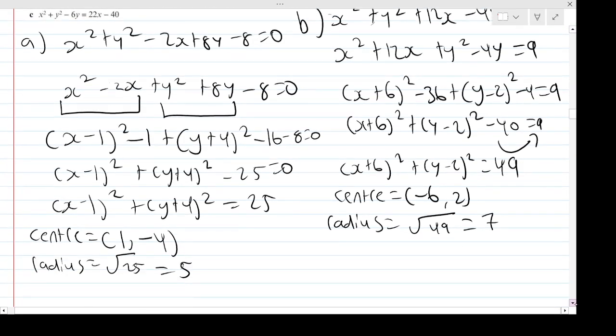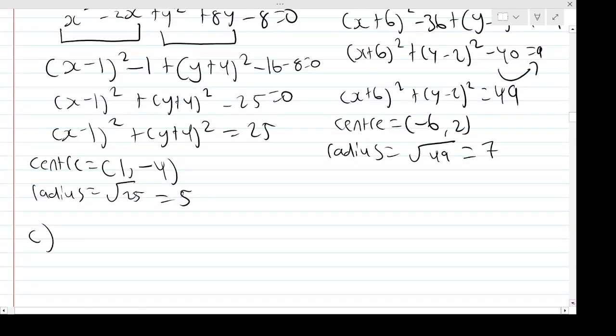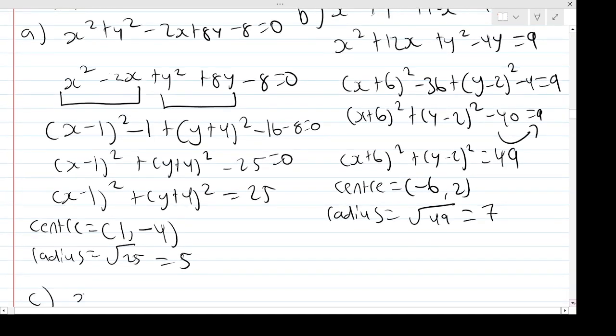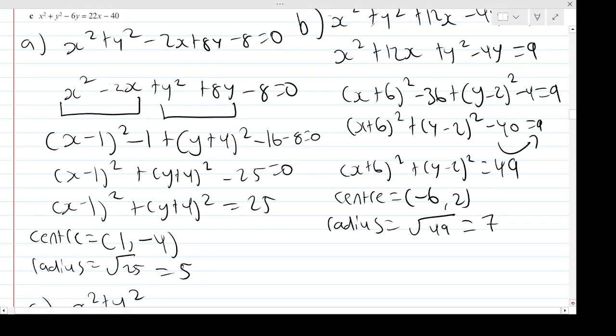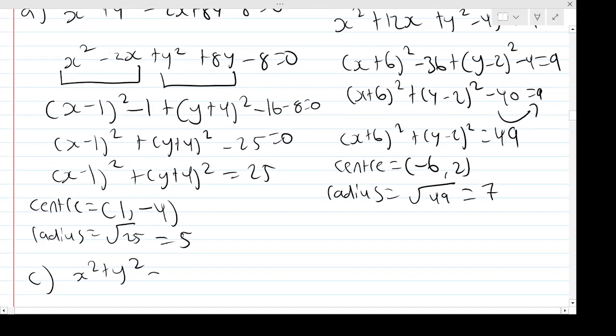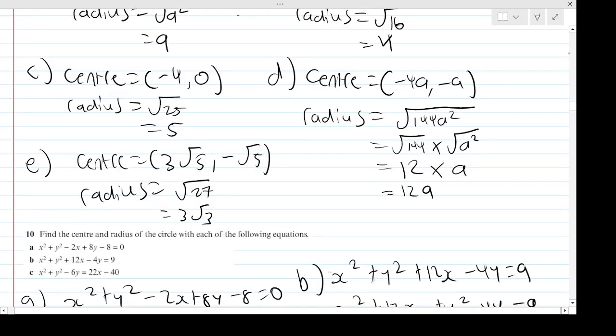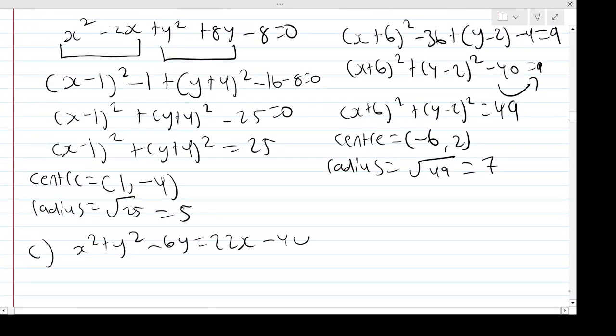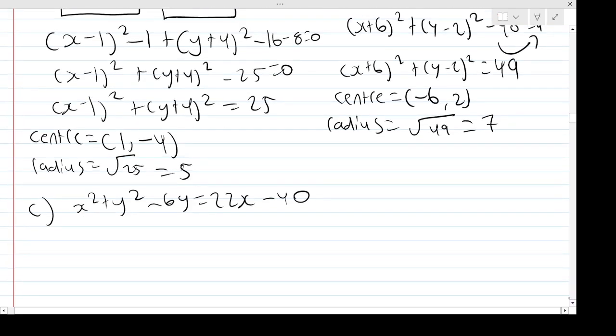Okay, then part C, lastly. We have x² + y² - 6y = 22x - 40. Firstly, we need to group the x and the y parts together, but it's a bit weird, so I could just move everything to the one side of the equation.